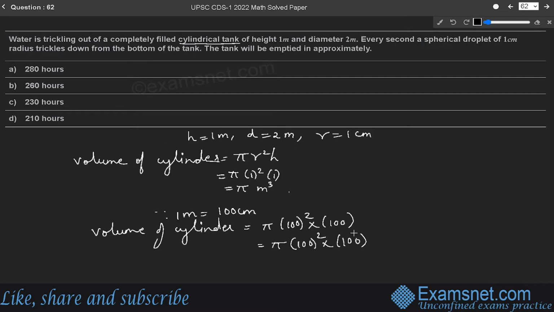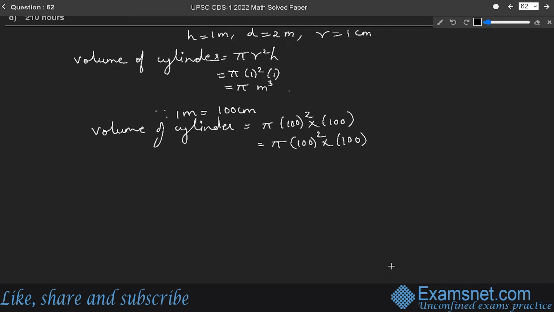In the question, it is mentioned that every second a spherical droplet of 1 centimeter radius trickles down. So the volume of the spherical droplet means the volume of a sphere. Can you tell me what is the volume of a sphere?